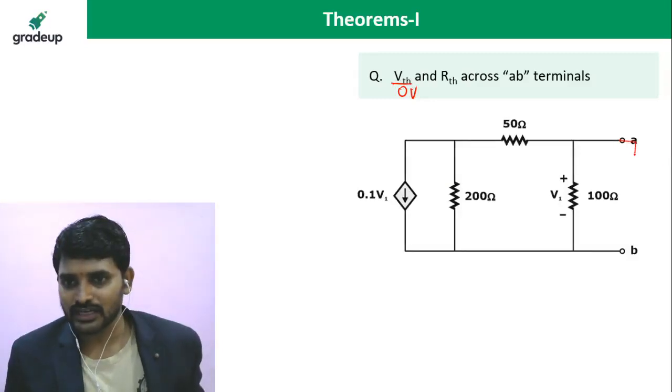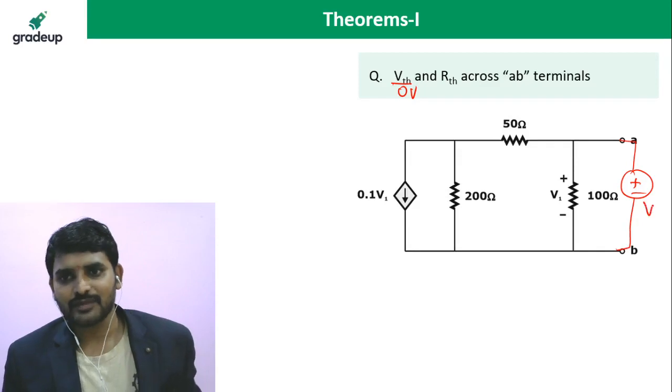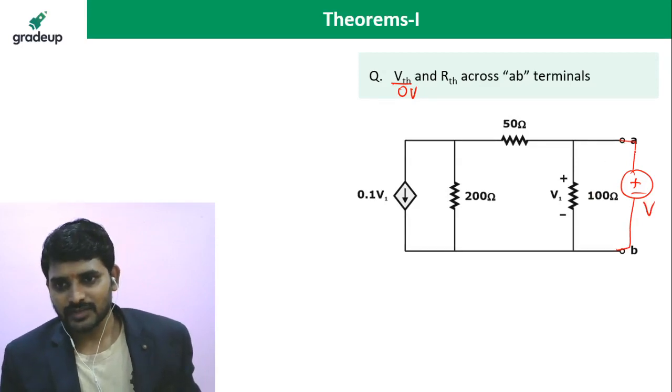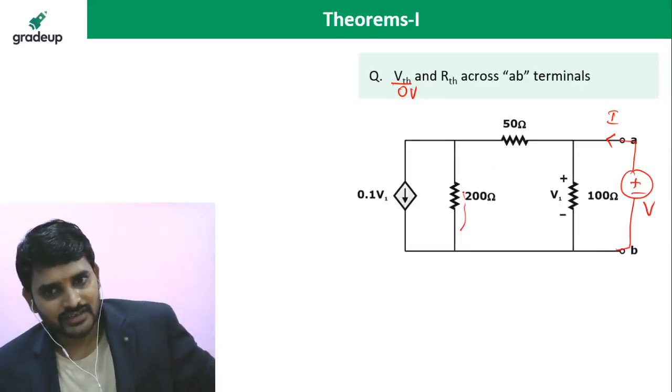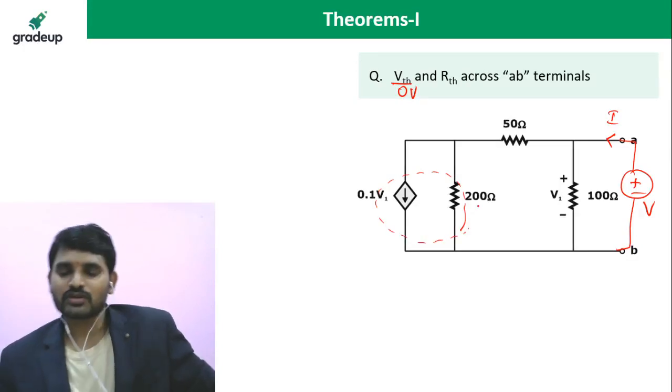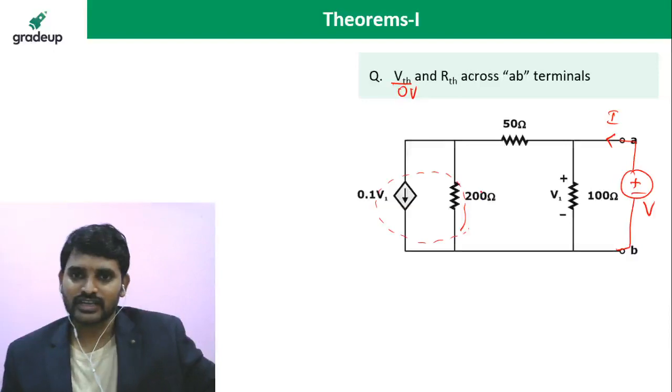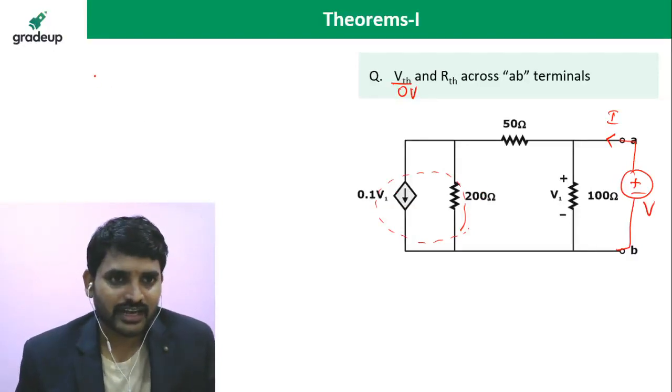By connecting a known voltage source across the open circuit terminals. I am assuming it as V, and it is going to deliver a current I. I said in the last session you can convert this voltage controlled current source and 200 ohms resistance into a voltage source so that you can reduce the network.